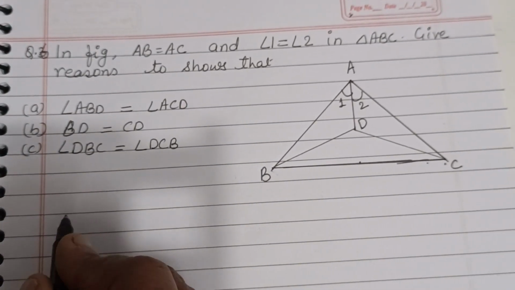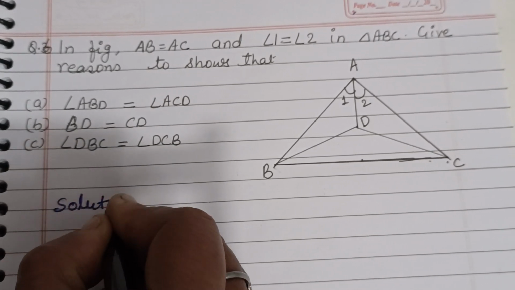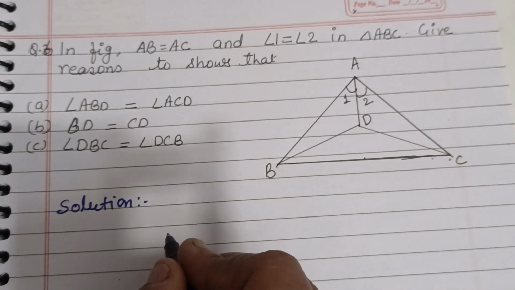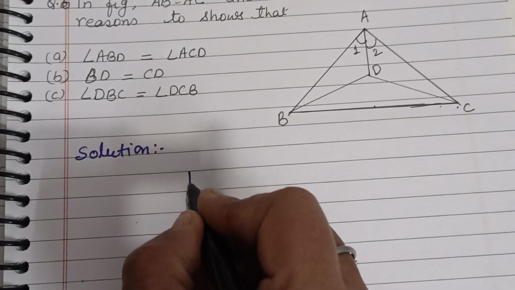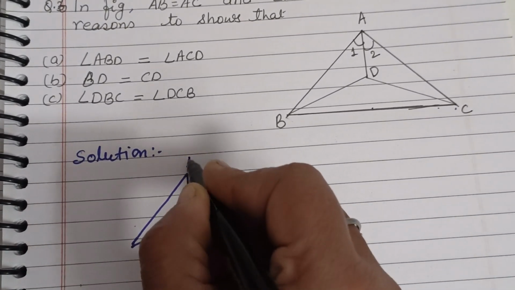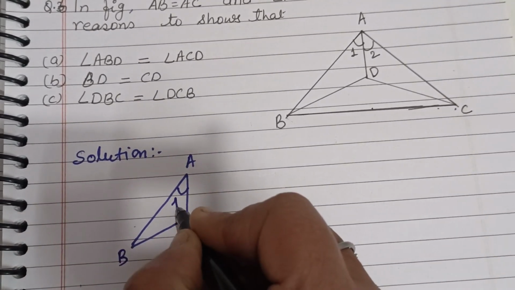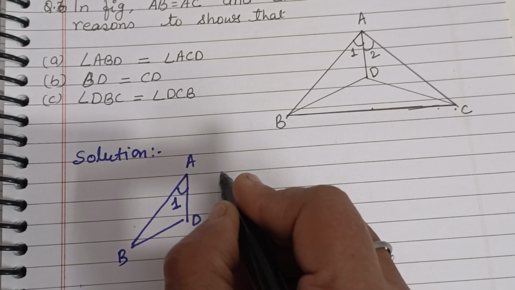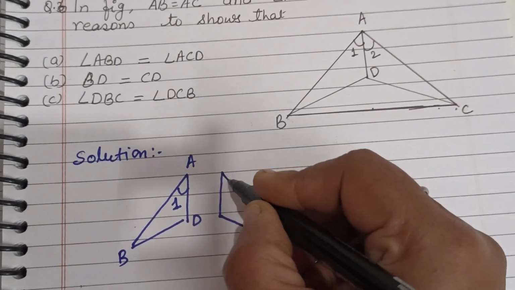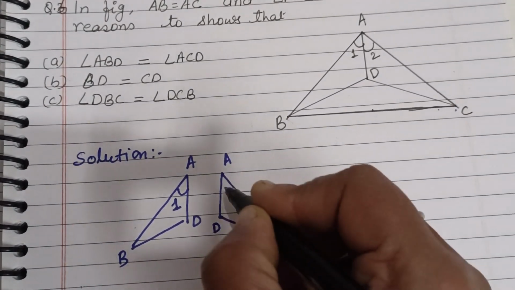For the solution, at first make a rough diagram for the triangle ABD, and for the triangle ADC.